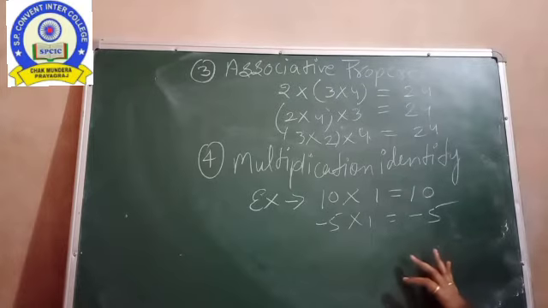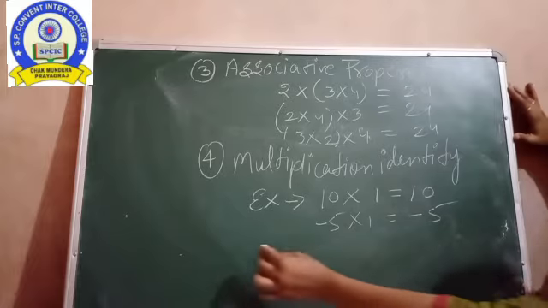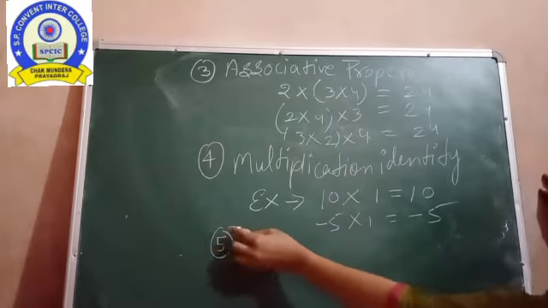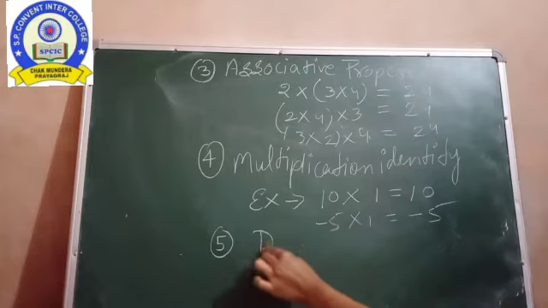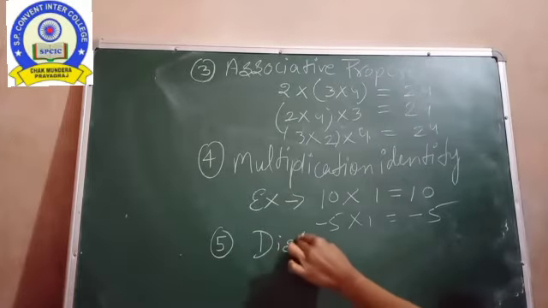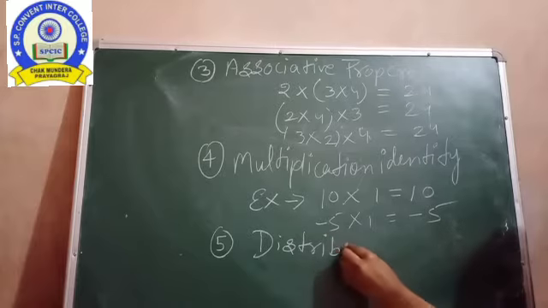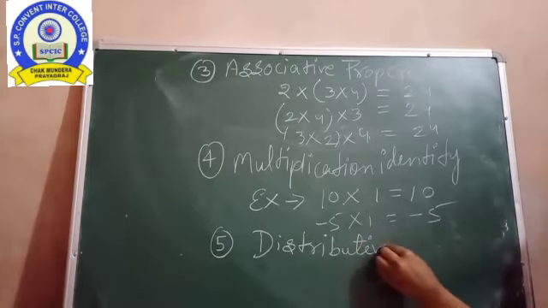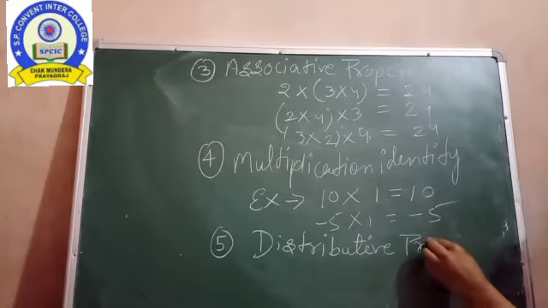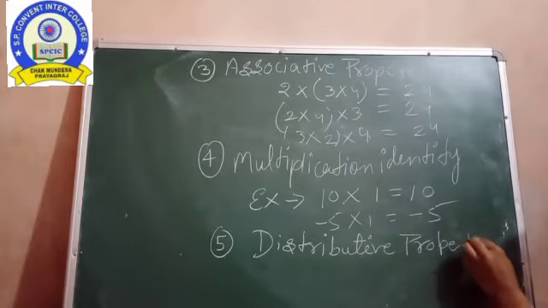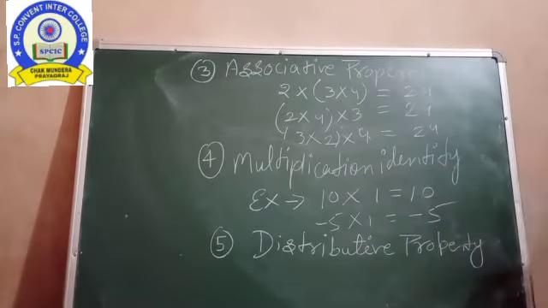Now the fifth property, distributive property. According to the distributive property, multiplication distributes over addition.